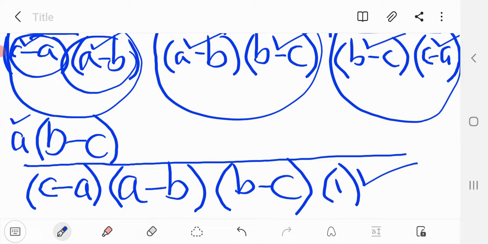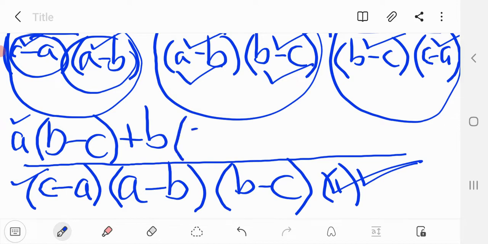Then we have the sign of plus, and in the numerator we have only b. Now this whole denominator divided by a minus b and b minus c. So a minus b and b minus c will be cancelled. The remaining factor is c minus a. So c minus a will be multiplied with b, b into c minus a.